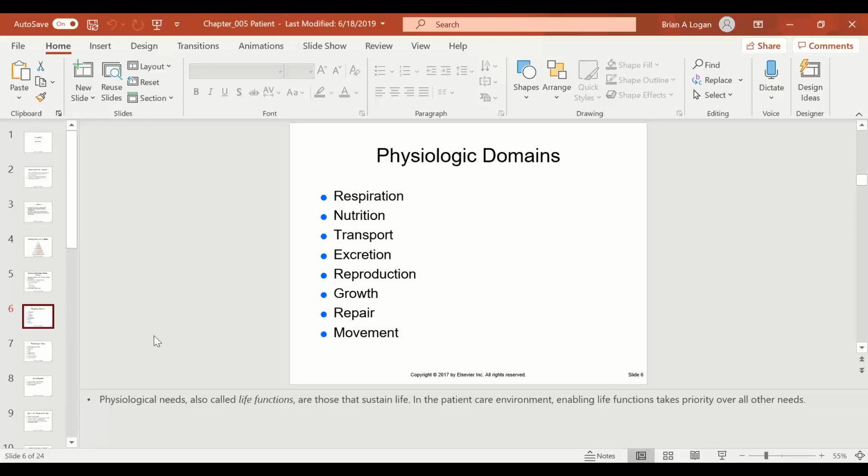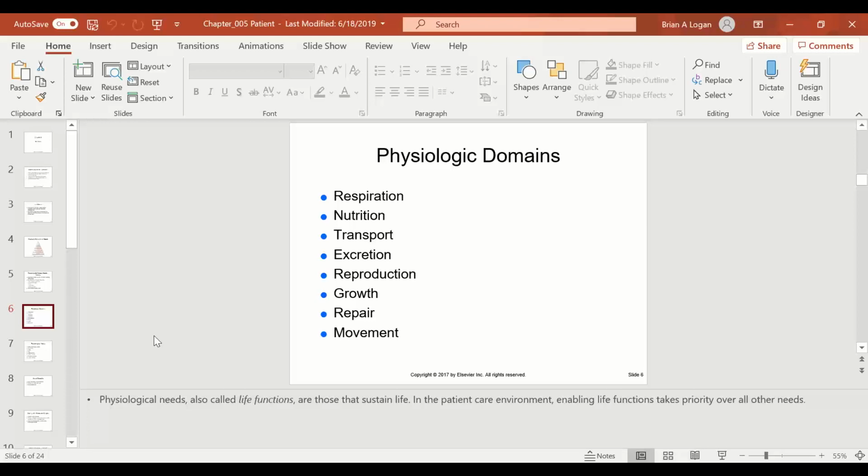Reproduction falls in there. How does that affect us in surgery? Well, we could be doing surgery that may affect their ability to reproduce. We may be taking out a uterus or ovaries. We could be doing a vasectomy or an orchiectomy, removing one of the testicles or something like that.